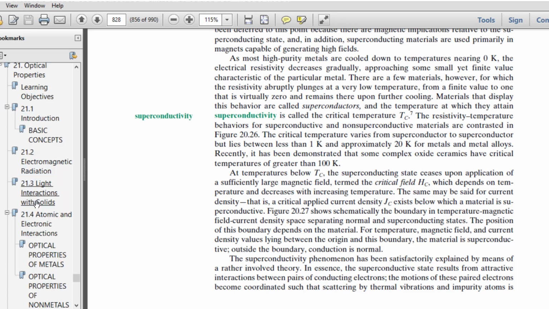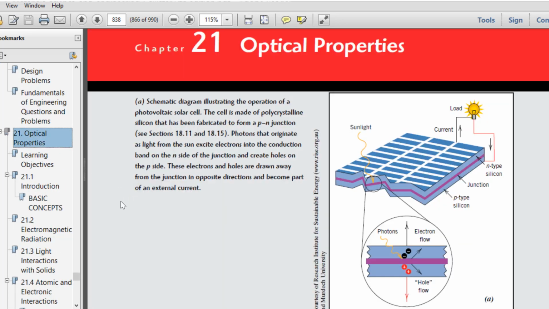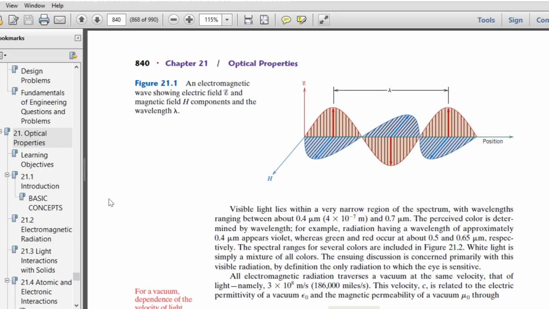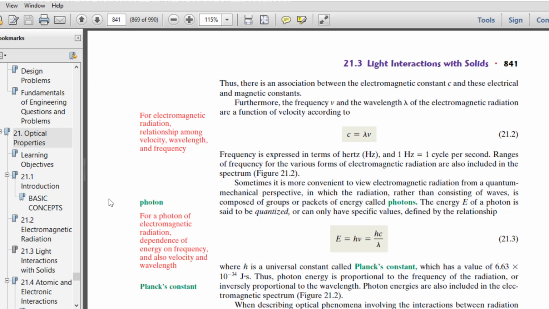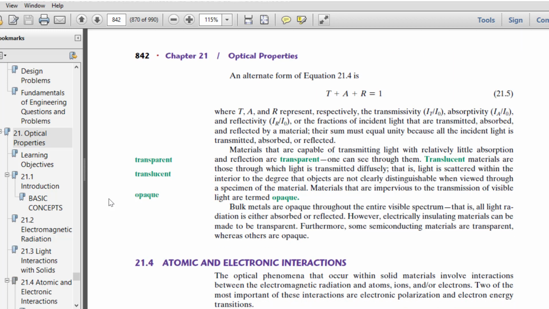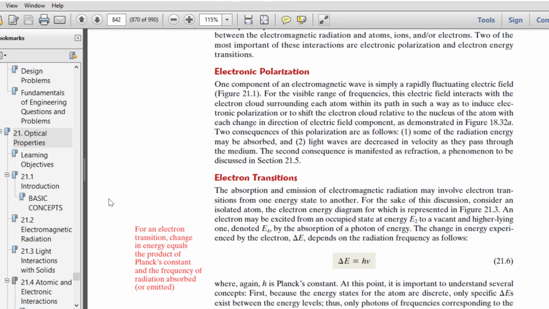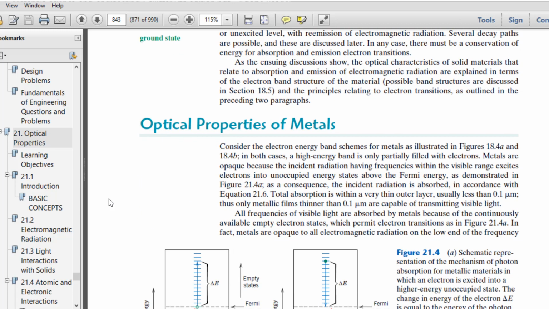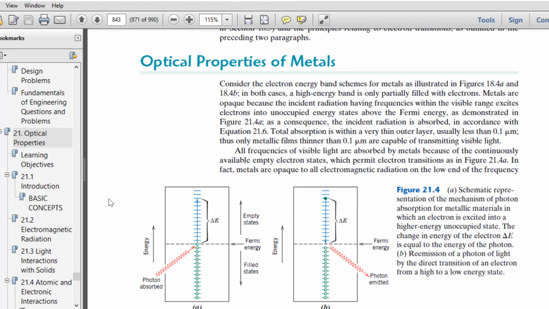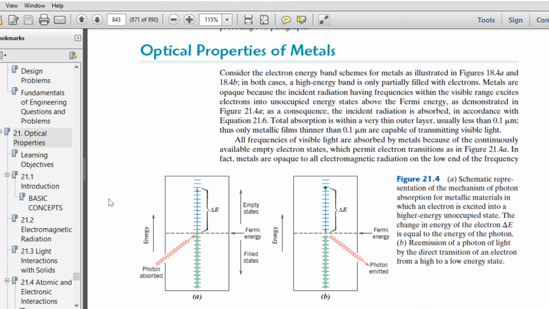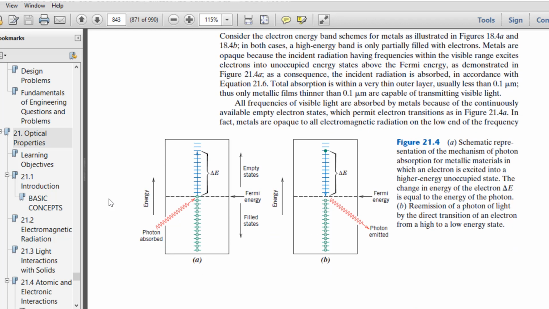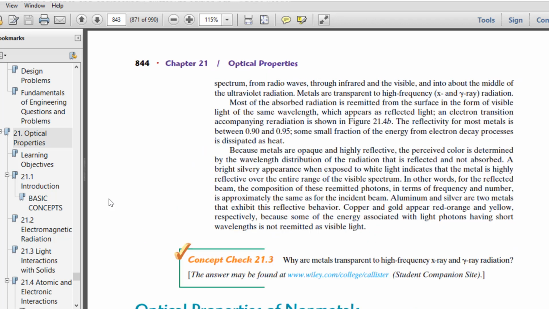then let us move to chapter number 20, optical properties. So in the syllabus, if you see, optical properties are also there. So this thing you can read, but I would suggest you do not read completely, because never has a very good question been asked regarding these optical properties. Okay, so you just learn about different things like reflection, refraction, how it happens, what is the frequency band of the light.